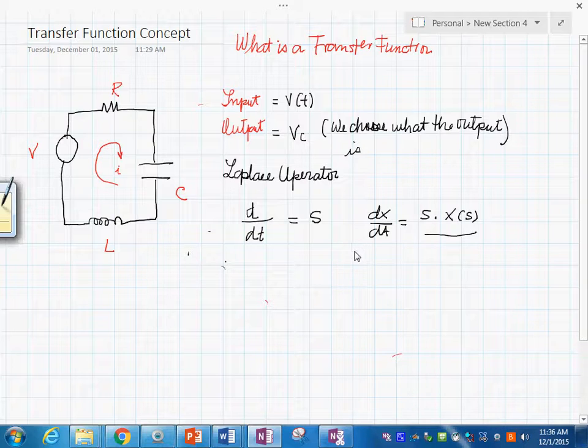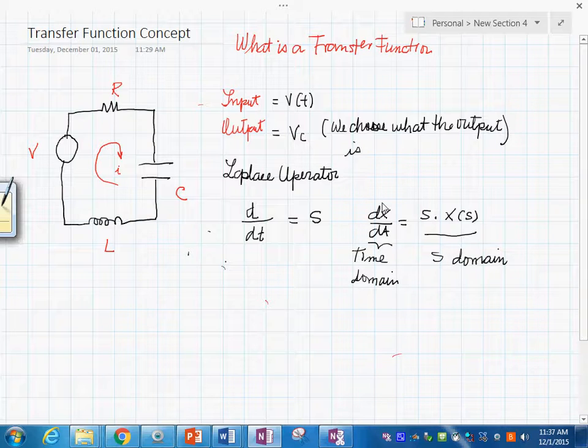This we're going to call the time domain, and this we're going to call the s domain.